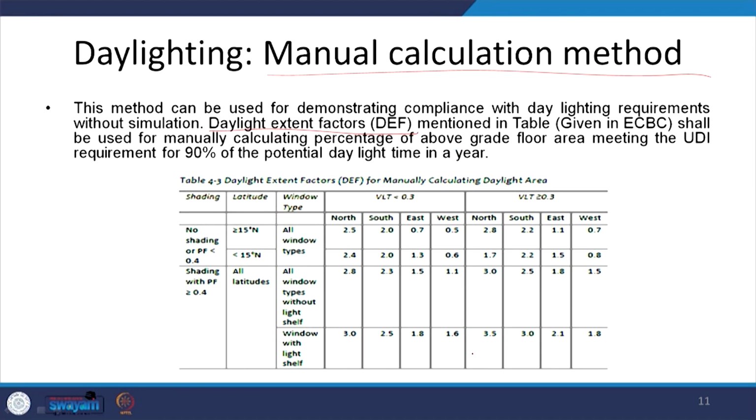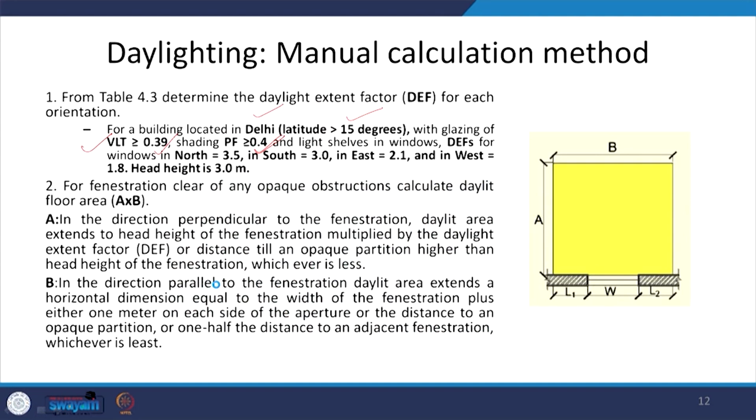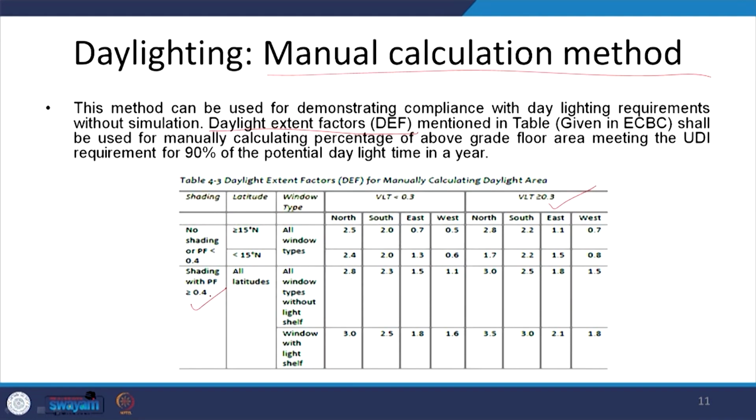So, when we know that the VLT is greater than 0.3 and the latitude is greater than 15 degree north, here we are talking about a window with a shading with a projection factor of greater than or equal to 0.4. Based upon this, we would calculate the DEFs for all the windows on different orientations, with and without light shelf.